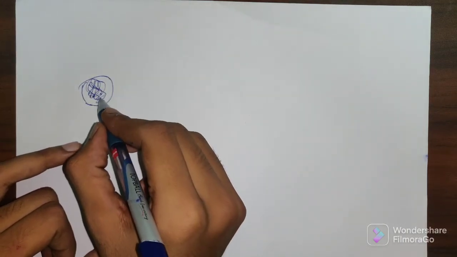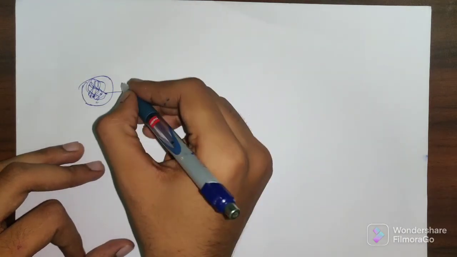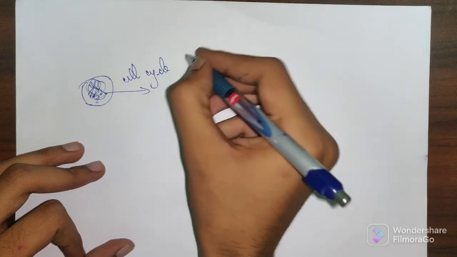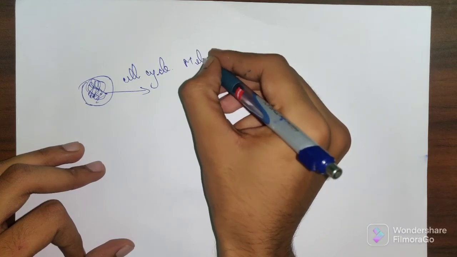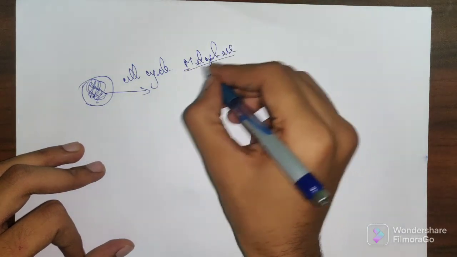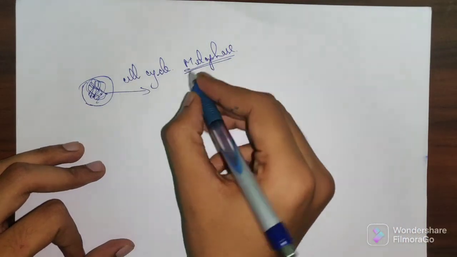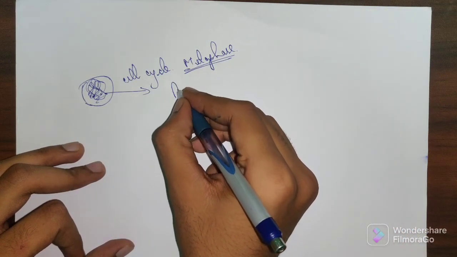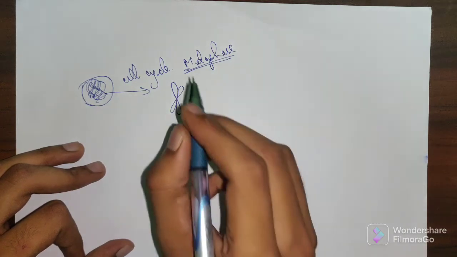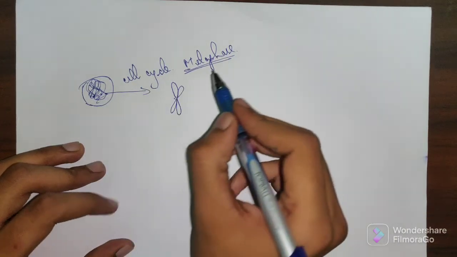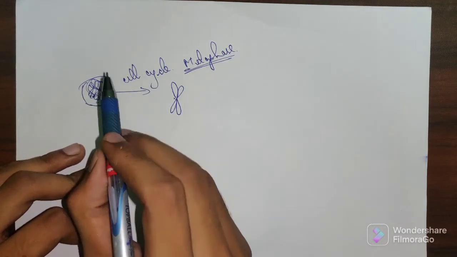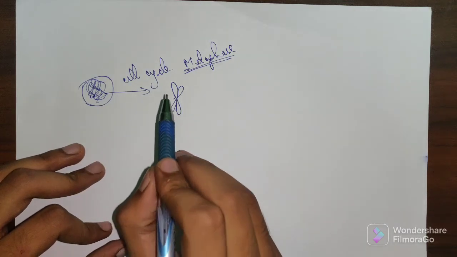During the cell cycle, in the metaphase stage, this highly coiled DNA transforms itself into a chromosome.